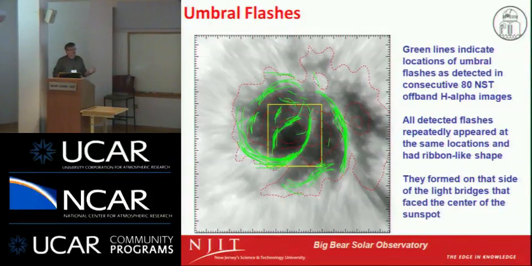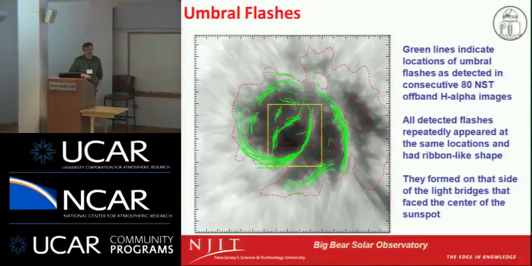We also looked at the structure of umbral flashes in this sunspot, and those umbral flashes appear repeatedly at the same locations. So we take the time series, draw a line along the position where the umbral flashes appear, and then plot those lines. And what happens is that strong umbral flashes appear at the same location in the active region and penumbra.